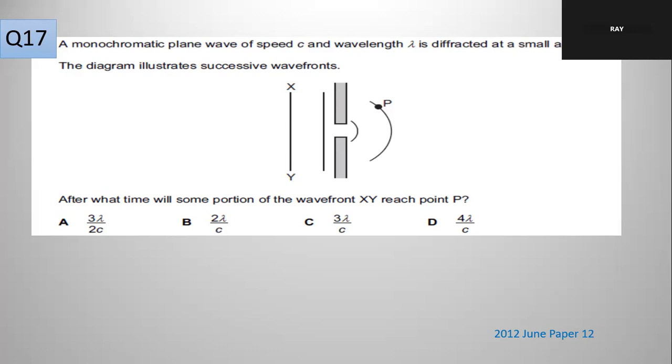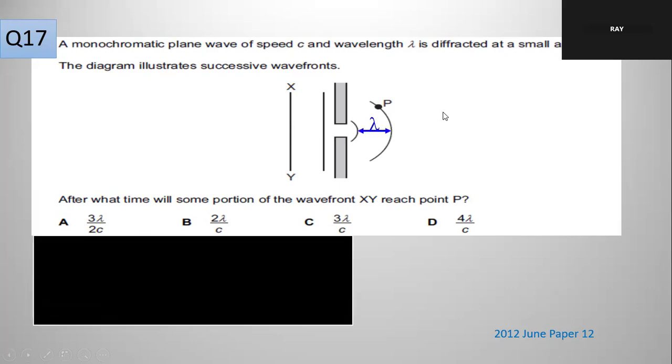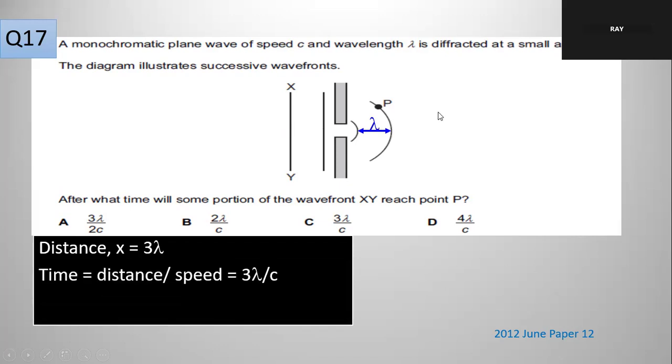How to do? That's your wavelength, from wavefront to wavefront. So from xy to P is 3 wavelengths. Time is distance over speed.